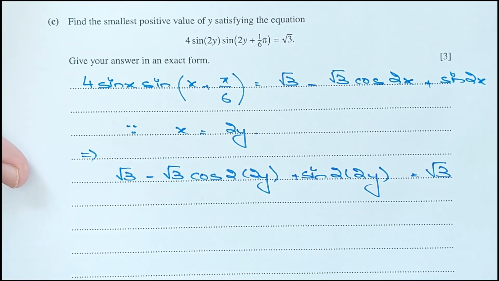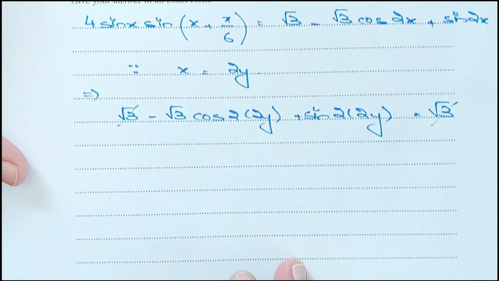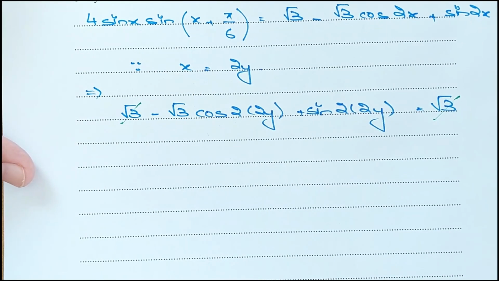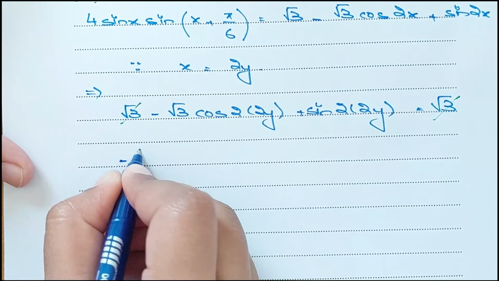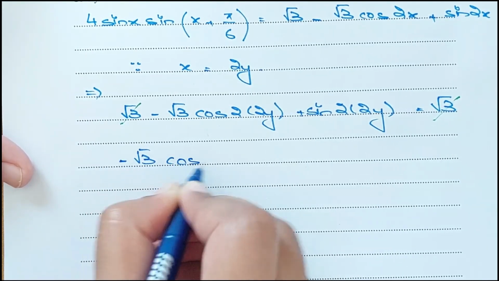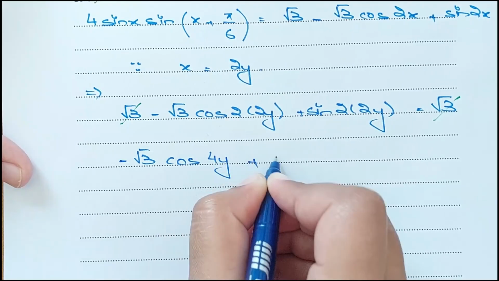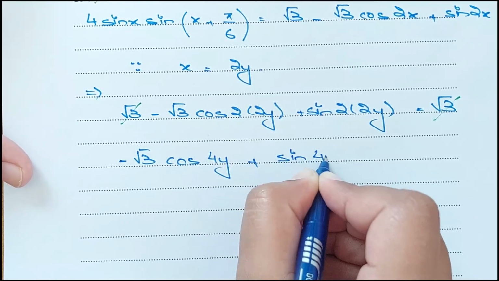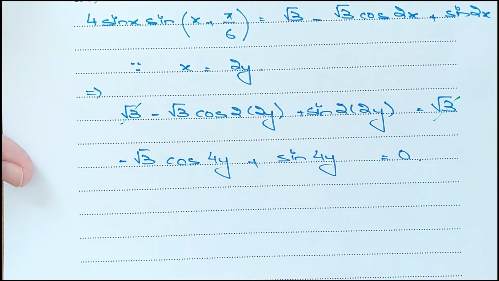So here we can easily cancel square root of 3 with square root of 3, and we are left with minus square root of 3 cos 4y plus sine 4y equals 0, right?